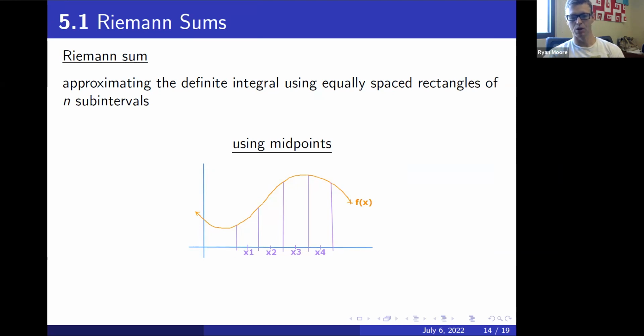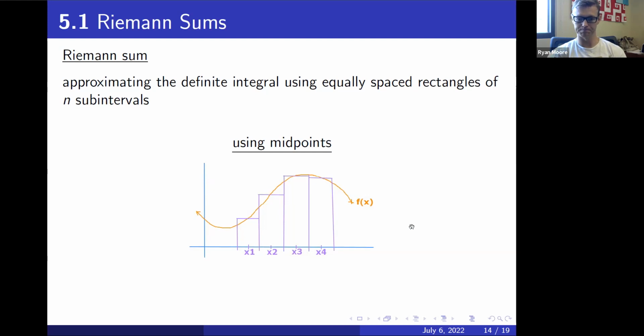That means we take the height of each rectangle from the center. So for x1, go straight up the center until you hit the function. That's where you make the height, like so. So we'll do that for each of our 4 regions. And as you can tell, yeah, that's probably going to be the best approximation typically.